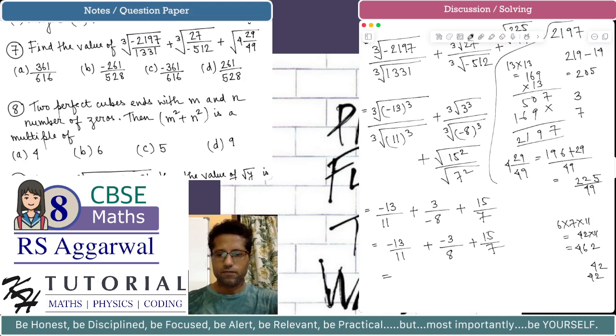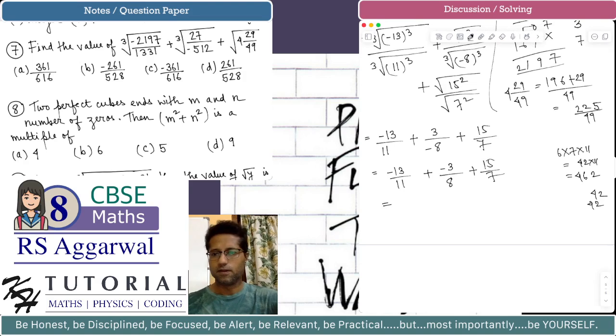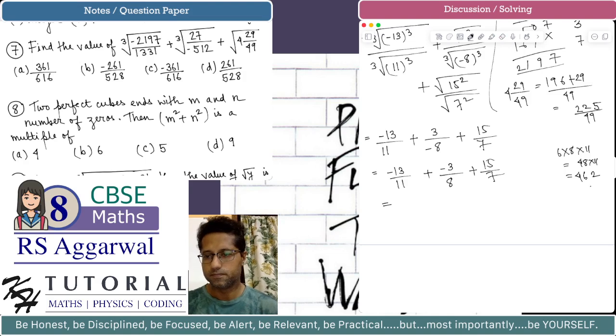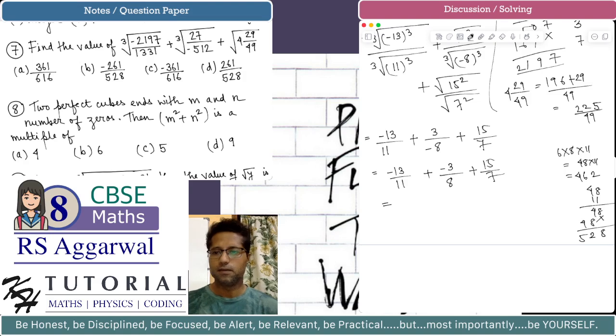So the LCM of 11, 8 and 7 is 48 into 11. What is 48 into 11? 528.